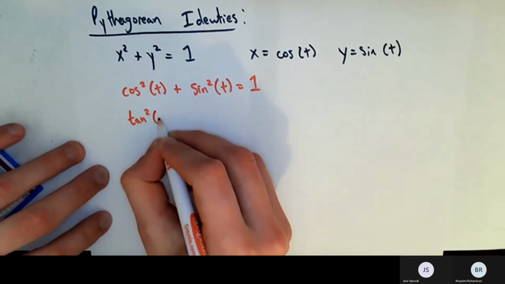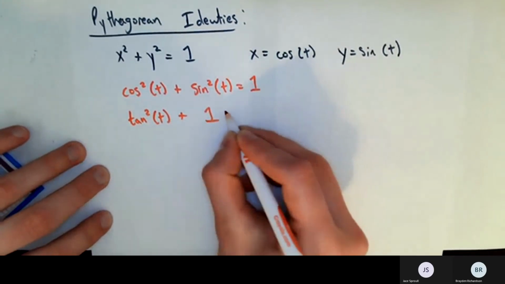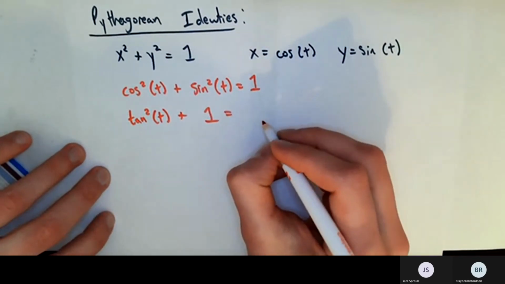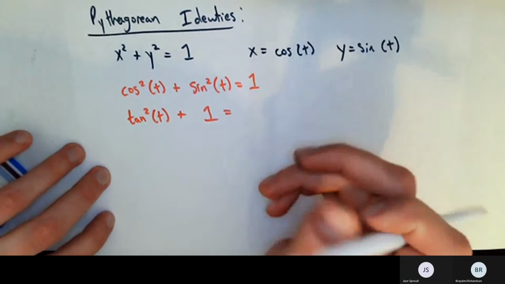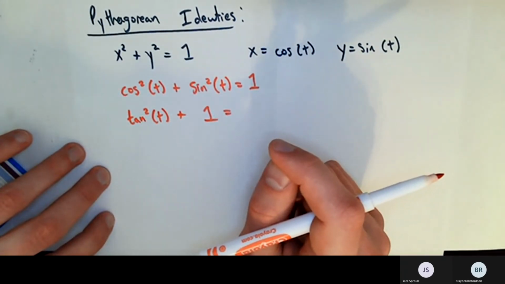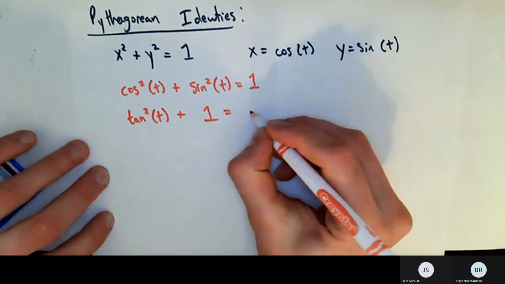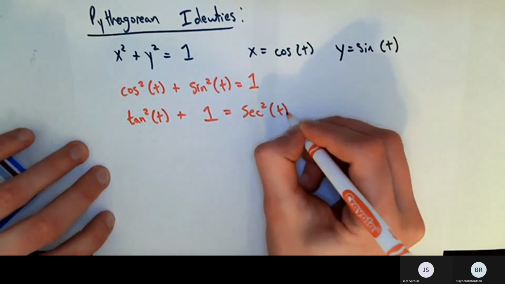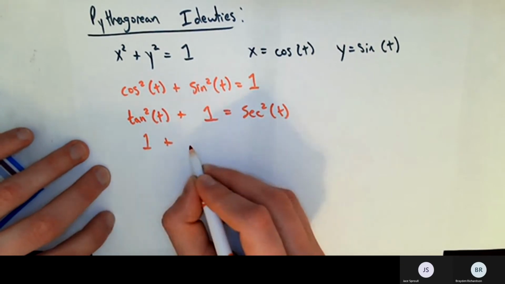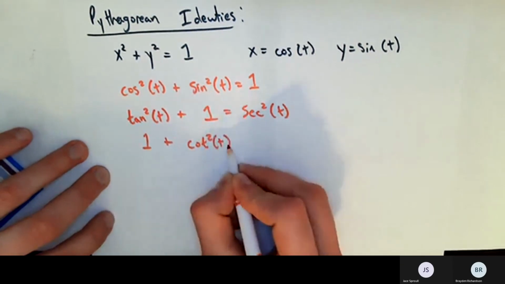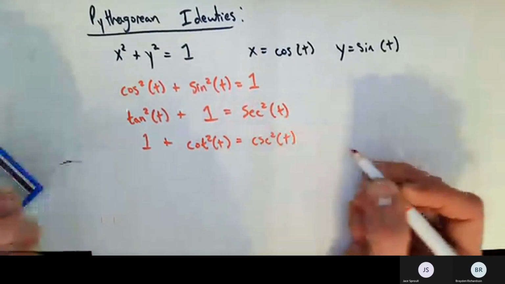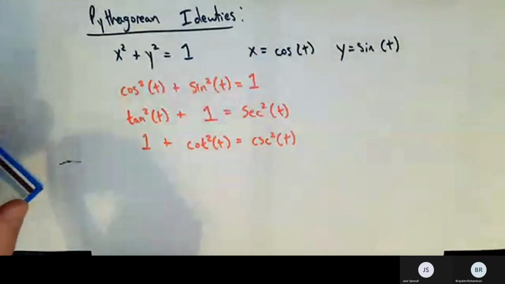Tangent squared of t plus 1 is going to be, let's see, divided by sine, cosecant, no, hang on. Sorry, secant. I mixed myself up. Tangent squared of t plus 1 is equal to secant squared of t. And then there's another one: 1 plus cotangent squared of t is equal to cosecant squared of t. These are together called the Pythagorean identities.